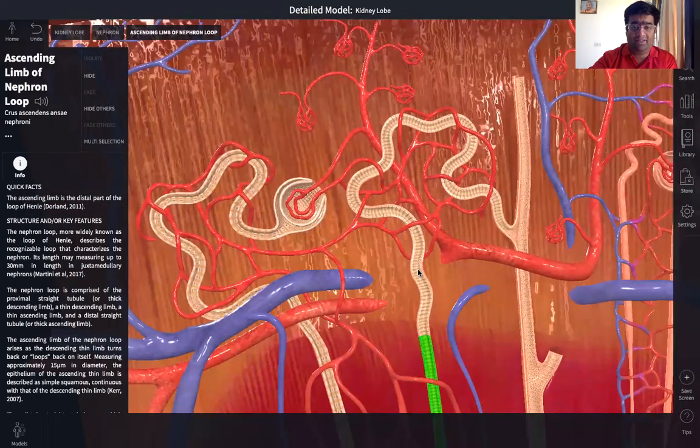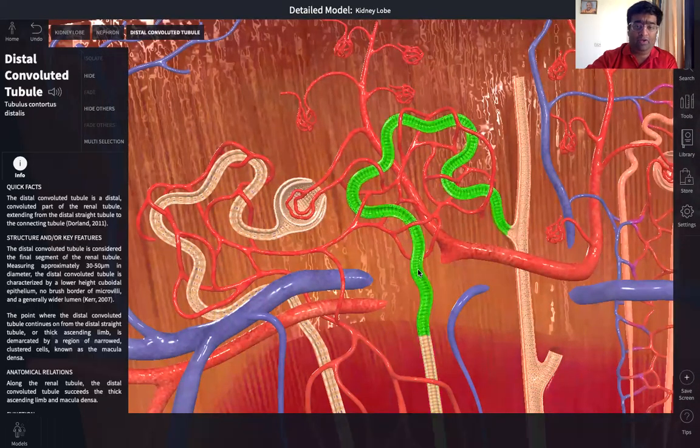As that filtrate passes out, now the tubule again becomes convoluted, and this is called the DCT, the distal convoluted tubule. The distal convoluted tubule is the site for reabsorption of about 15% water, but the reabsorption of water from the DCT is under the influence of a hormone from the pituitary gland called the antidiuretic hormone, abbreviated as ADH, also known as vasopressin.